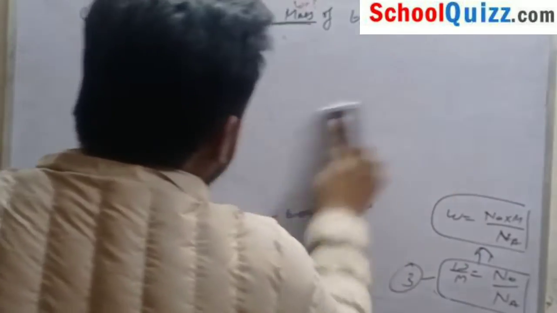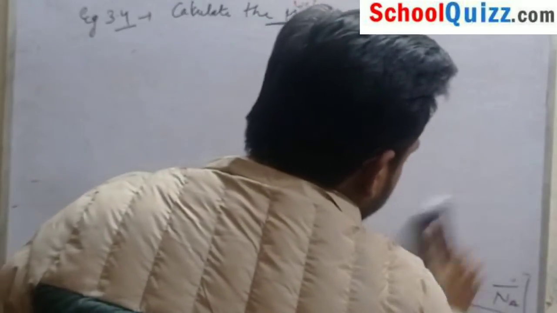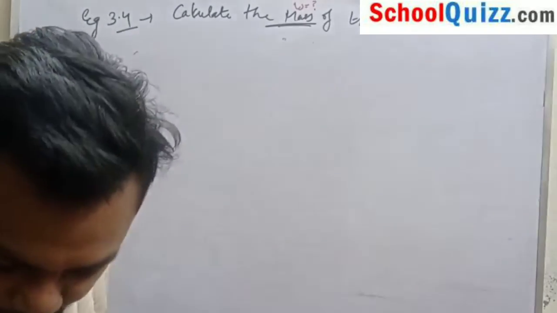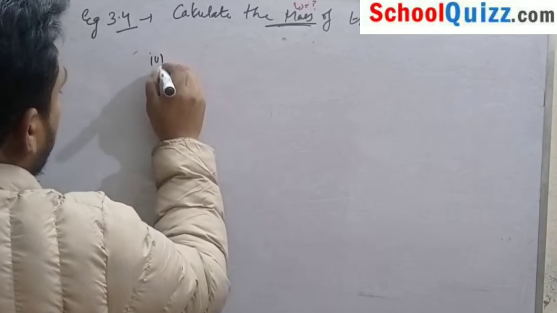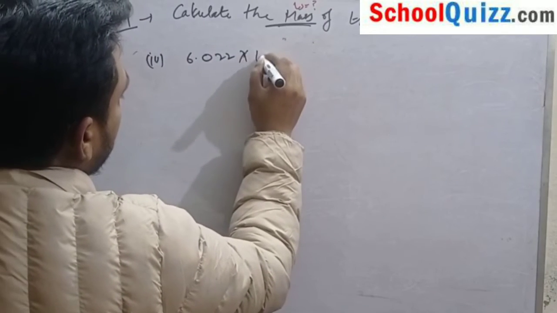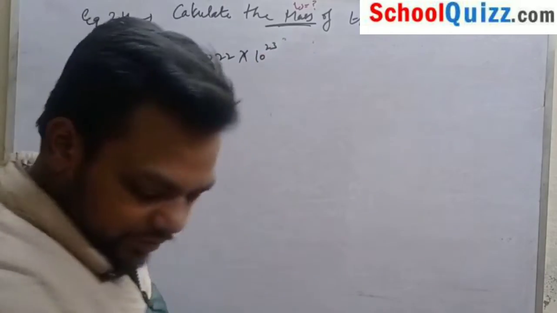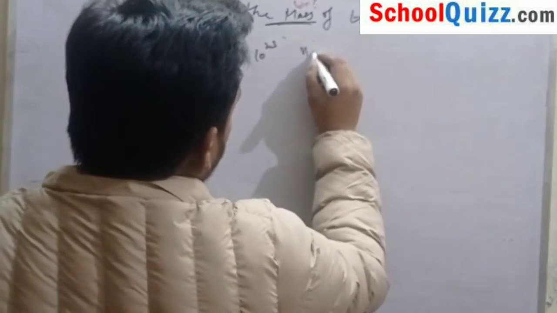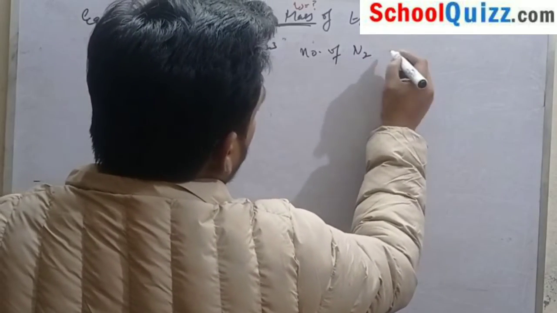Fourth part is 6.022 into 10 is power 23 number of nitrogen molecules.